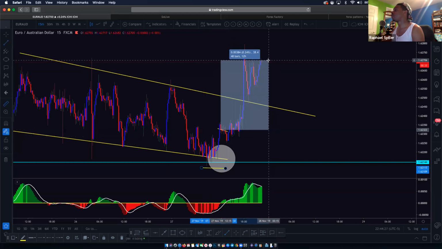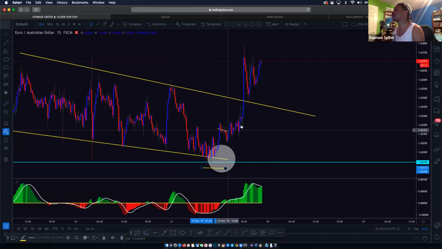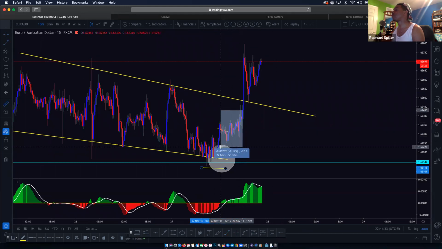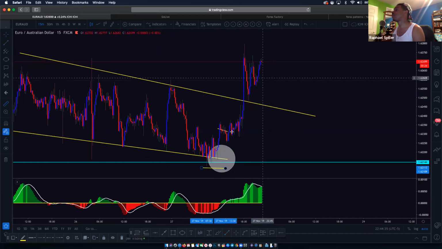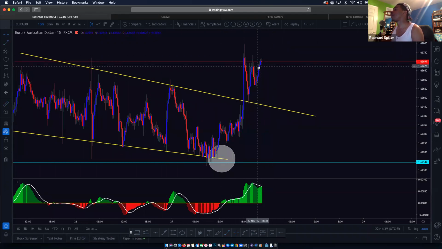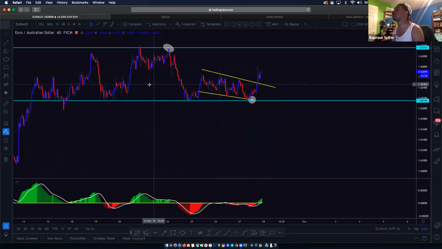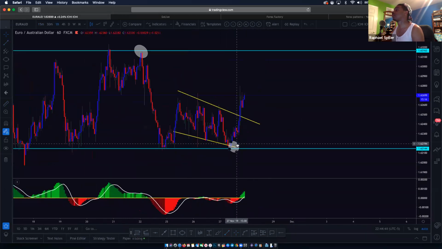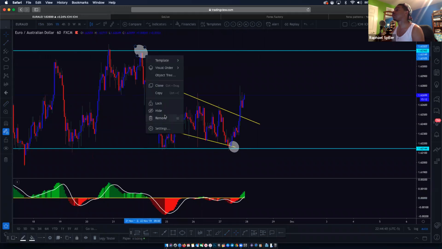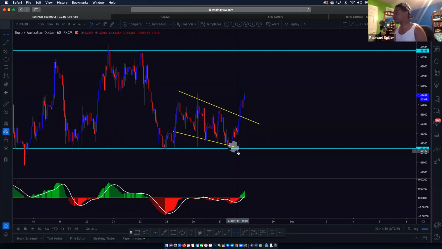I would have been up 40 pips already. 30-minute probably would have had me enter around here. Stop loss below here, 20 pips. Would have been up about 30 pips. Neither here or there. Do not buy here. It's not a good time to buy. Which is why I'm upset that I didn't get in this trade.